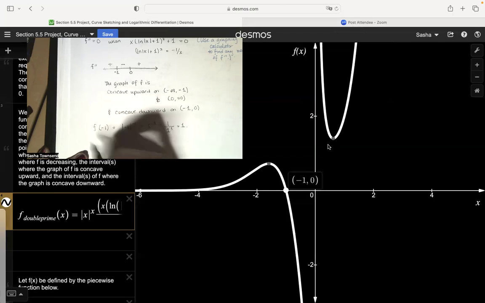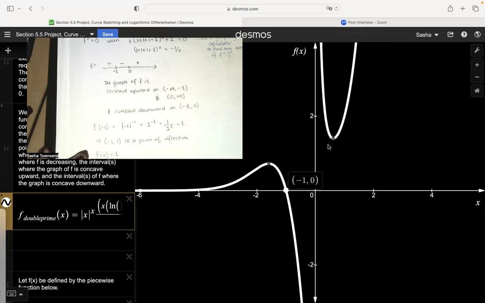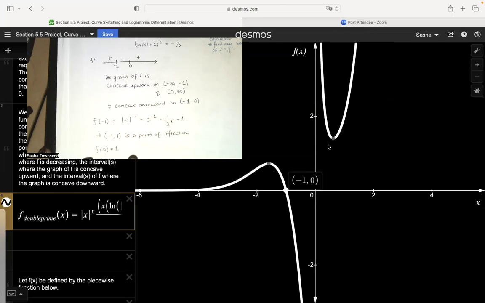And so that tells us that x equals -1, y equals 1 is a point of inflection. And then our function was defined at 0 to be 1 by that second branch of the piecewise function. So that means x equals 0, y equals 1 is a point of inflection as well.